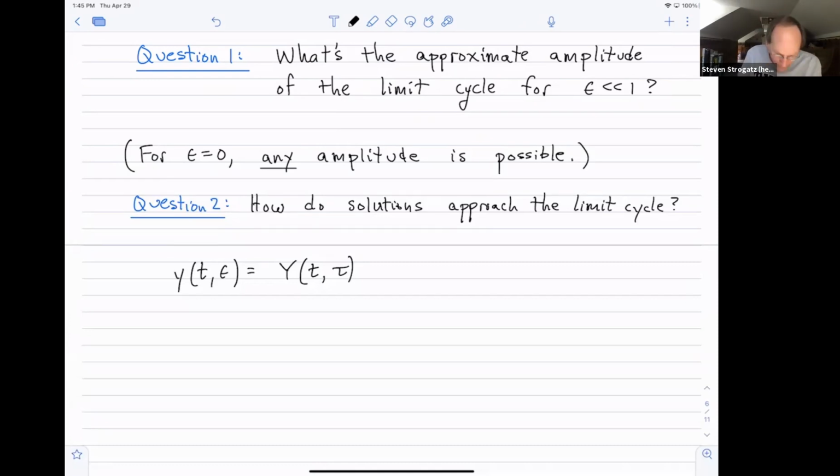Anyway, we do the same thing as before, where our y dot in this new way of thinking is capital Y sub t plus epsilon y sub tau. And the y double dot, as before, is going to be y tt plus 2 epsilon times the mixed derivative y t tau plus ..., and we'll ignore the order epsilon squareds.